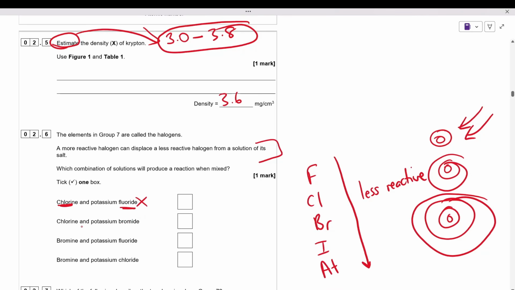Now the next one, chlorine and the bromide. We can see that chlorine is more reactive, which means that is going to be our answer. So we will have a displacement reaction taking place if we react chlorine with potassium bromide.